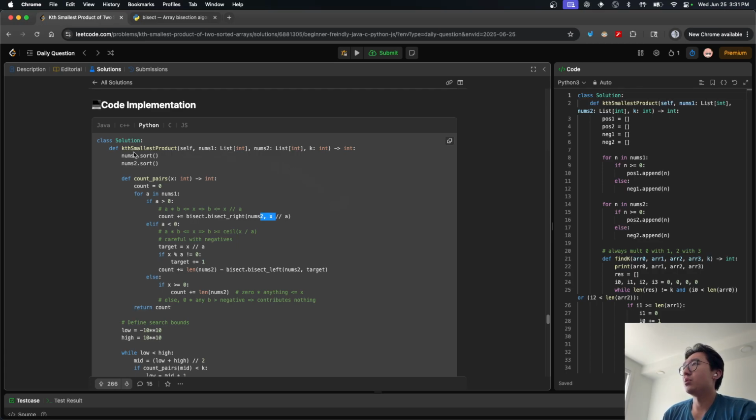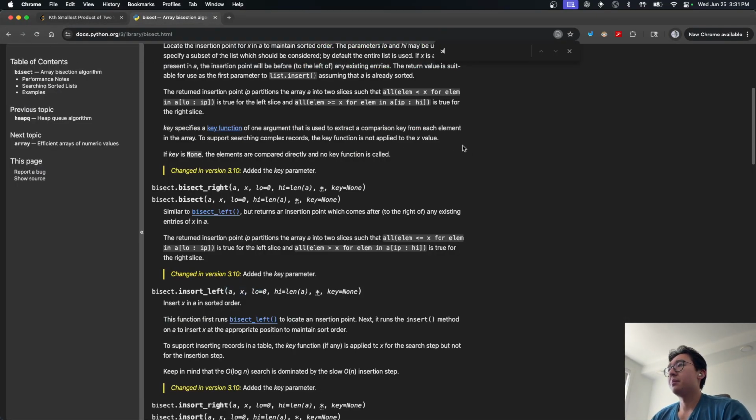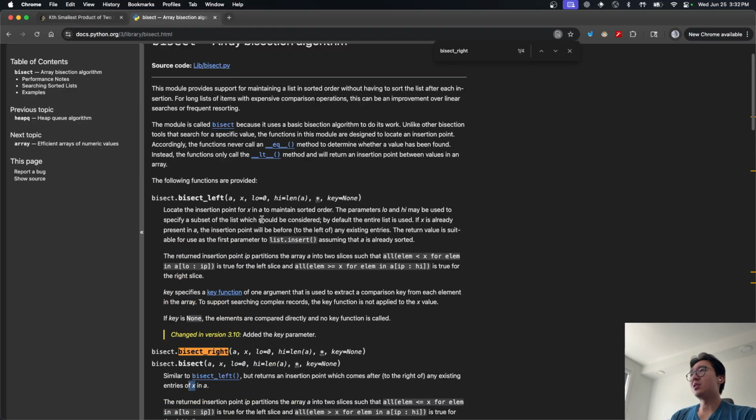I would just sort those if they are not already sorted, but okay. Bisect or bisect right? Oh, bisect_right. Oh my god, I can type. Okay. It's similar to bisect_left, but returns an insertion point which comes to the right of any existing entry of x in the array. But what is the insertion point?